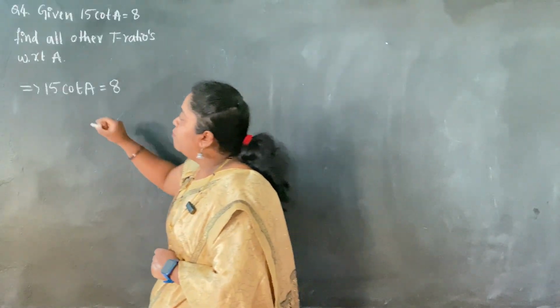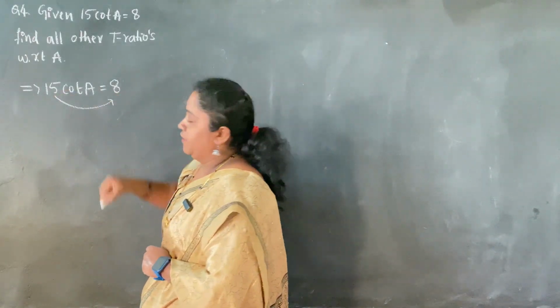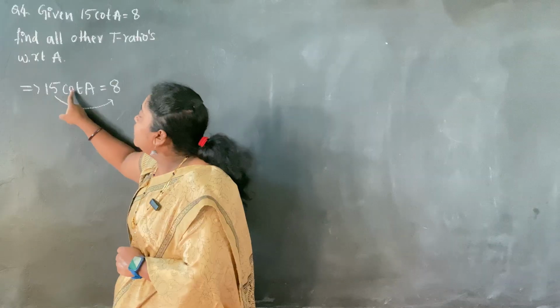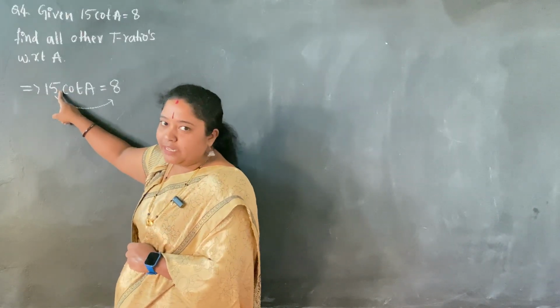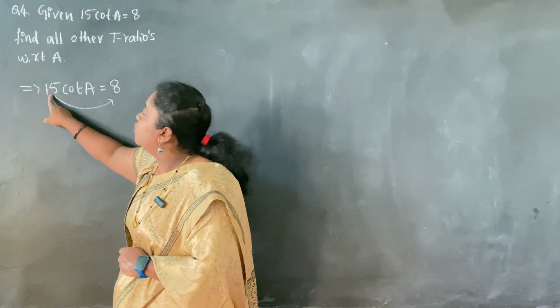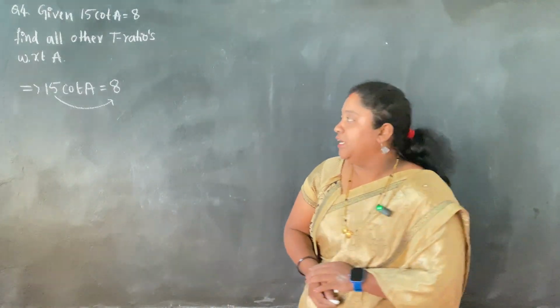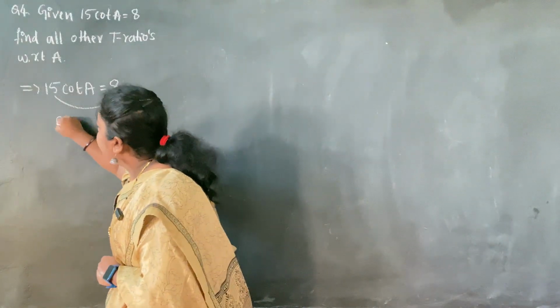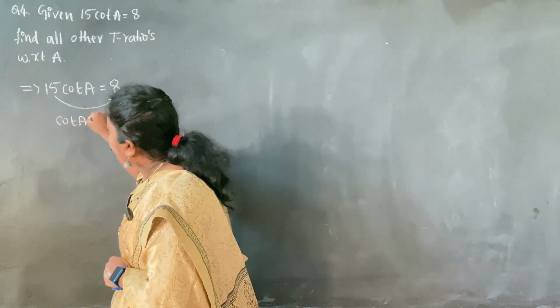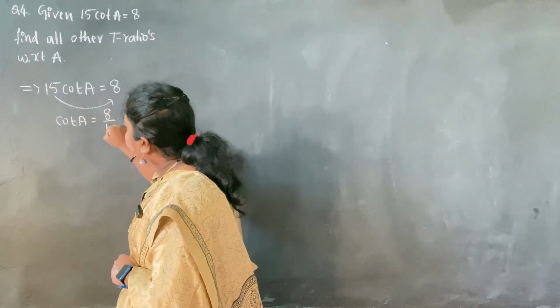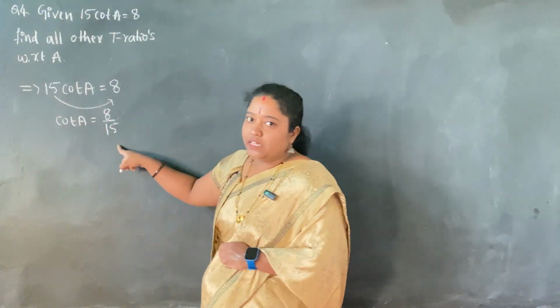Dears, if you bring 15 to this side, okay, 15 and cot A are in multiplication. So if you bring 15 to the other side, multiplication turns into division. So then I'll have cot A is equal to 8 by 15. Now I got it in ratio format.